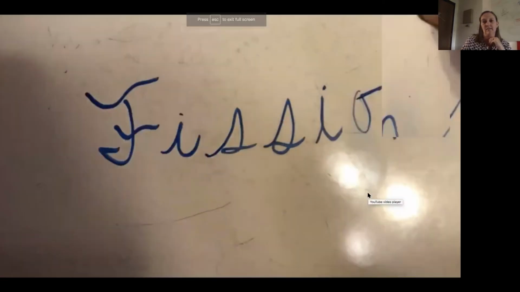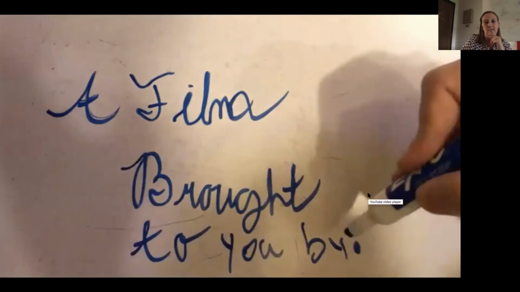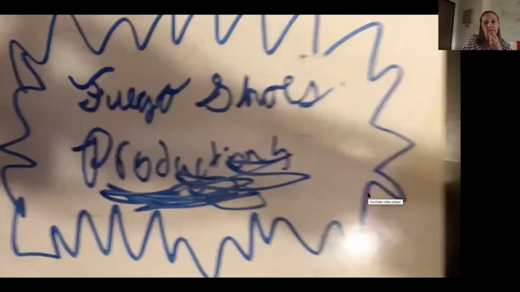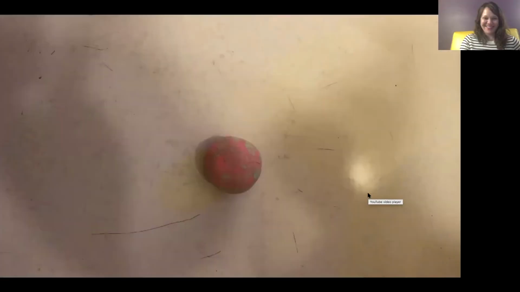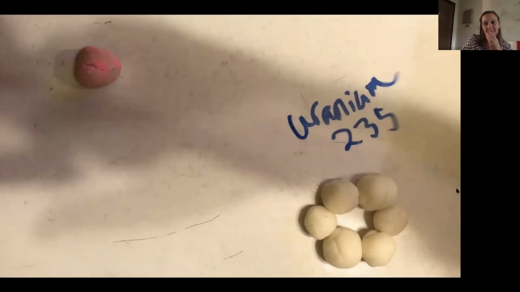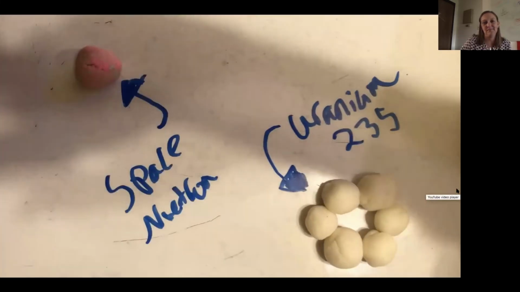Fission. A film brought to you by Fuego Choose Production. We have a neutron here, right here, from space. Okay, sure. So it's coming in, it's flying real hot, just as a lone neutron. Bada boom, bada bing. Look at that. What is this down here? Oh, it's uranium. Uranium-235, perfectly stable, unlike my exes. Here comes the space neutron. Bada boom.